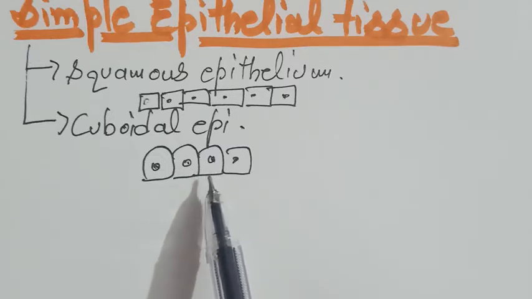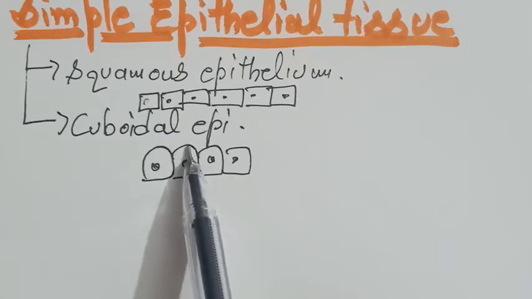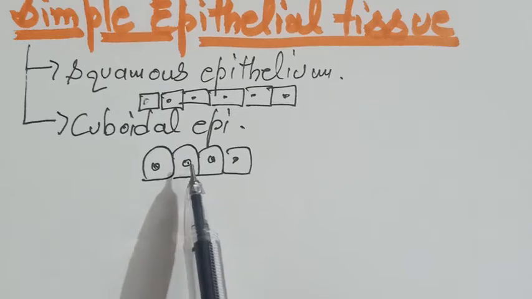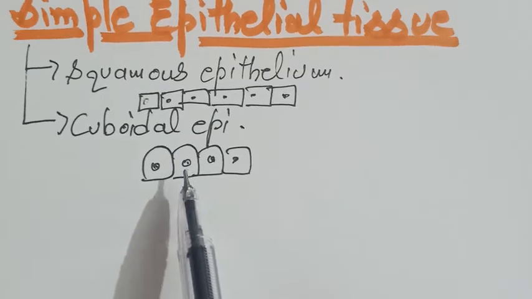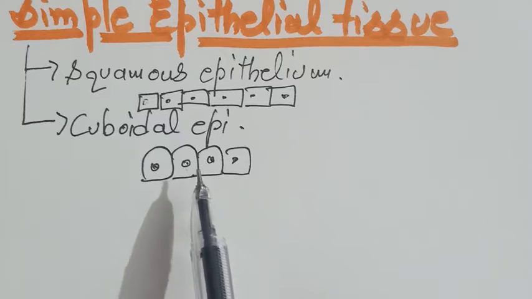In the glands the tissue is specialized to secrete enzymes and hormones, means they have the function of secretion, or protective function. This tissue is found lining the nephrons of kidney, gonads, sweat gland, and that is why the primary function is to provide protection.